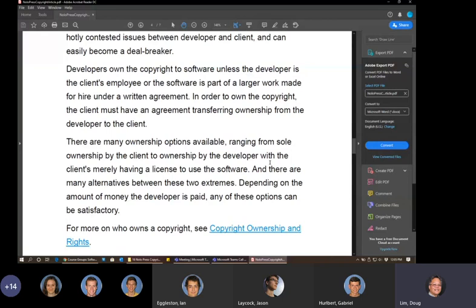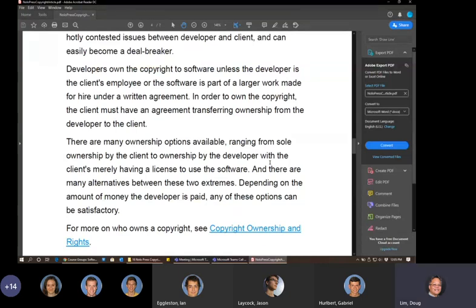Keep in mind that there are certain basic libraries that the provider might have in place that they don't want to give up complete ownership of, and there are certain frameworks or techniques that the developer may commonly use in all their products. Those kinds of things need to be figured out, whether maybe the client gets non-exclusive access to it, but we still retain ownership of the material.